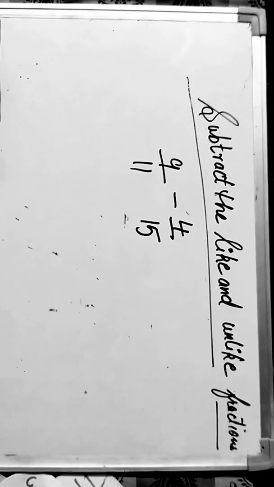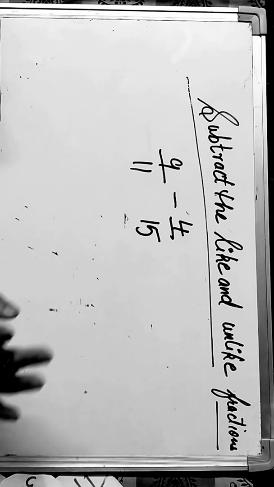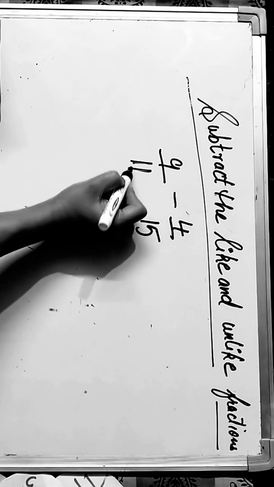The same procedure: as we cannot solve the unlike fractions, we need to make the piece size the same.